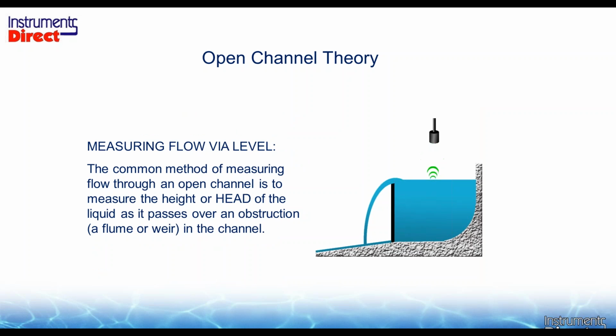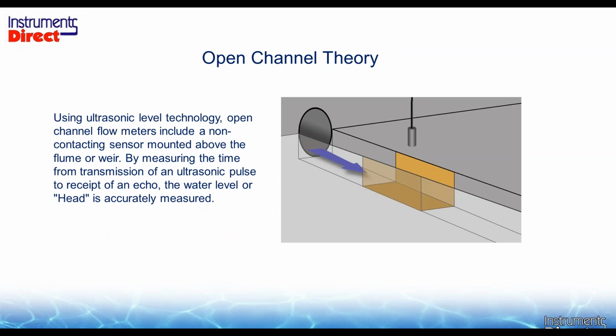But if you were to put an ultrasonic open channel flow meter, or an ultrasonic level sensor with the math module, over top of this weir, measure the level, and then punch in on your keypad that you've got a 90-degree notch here, it will calculate the volumetric flow by just monitoring the level.